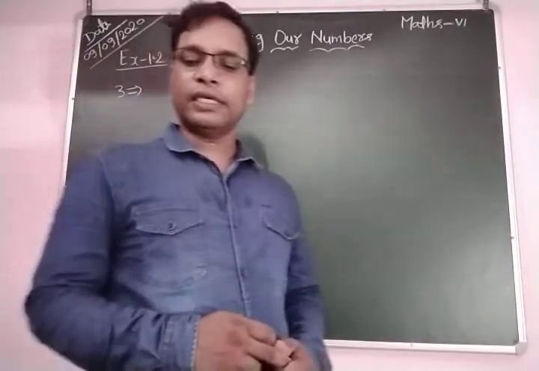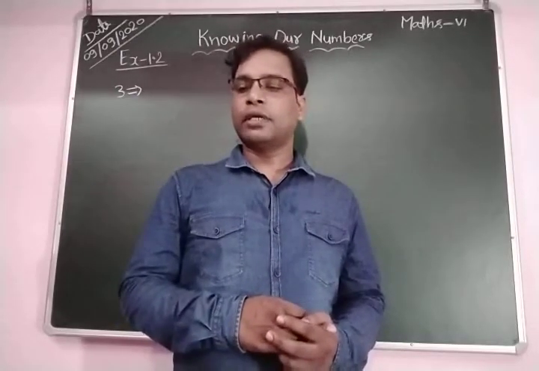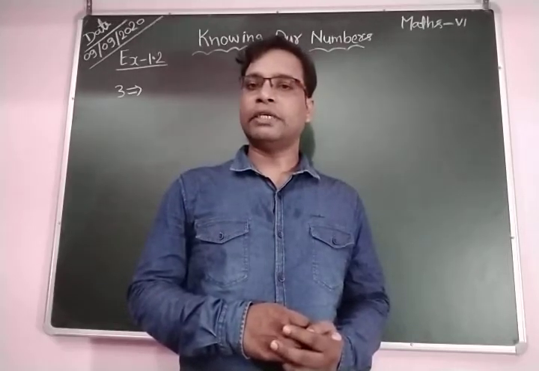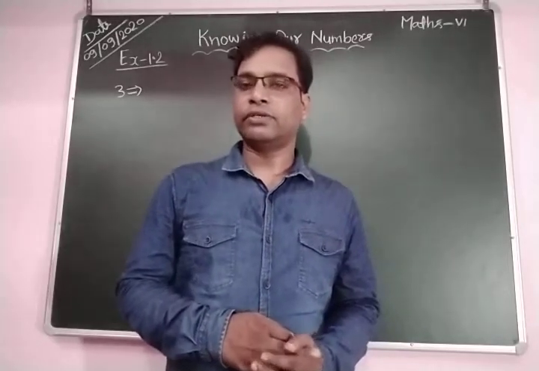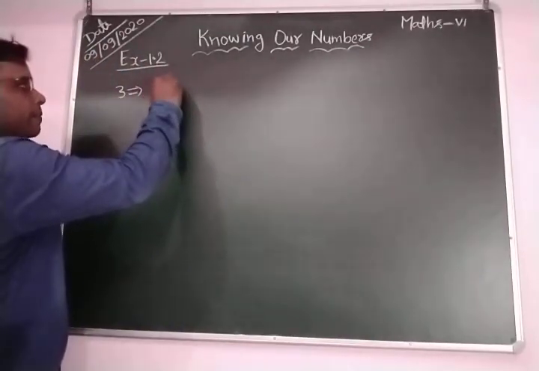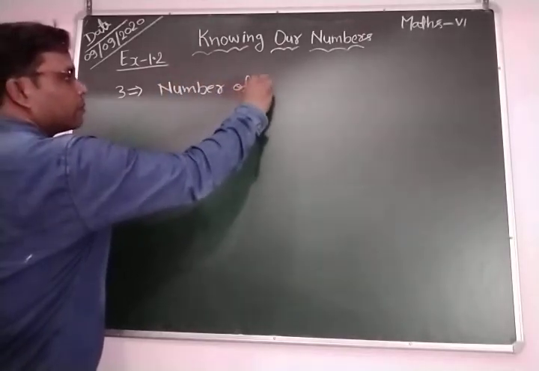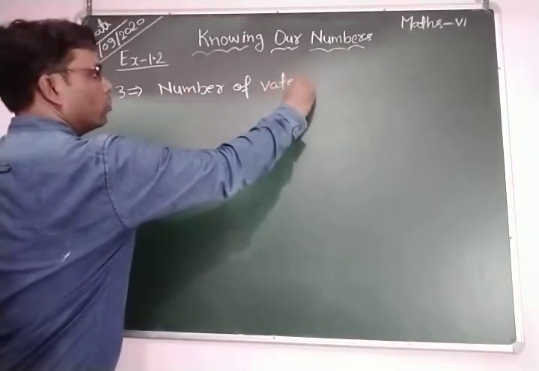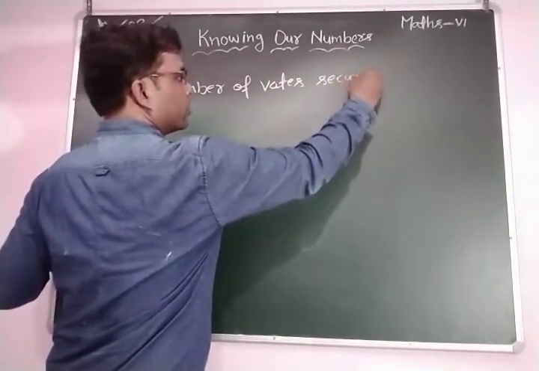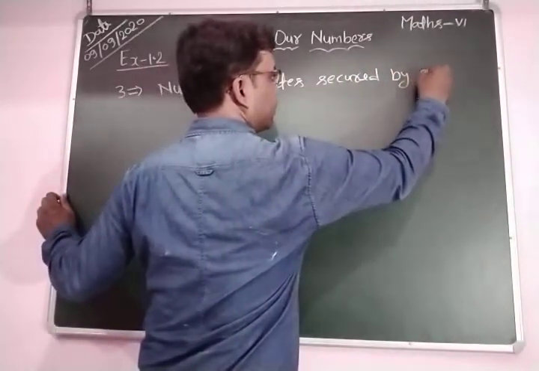In this question, it is given the number of votes secured by the successful candidate is 5,77,500. So we can write here number of votes secured by successful candidate.